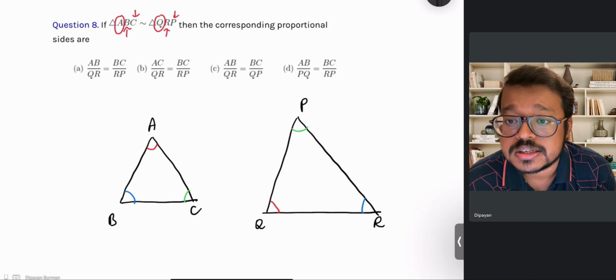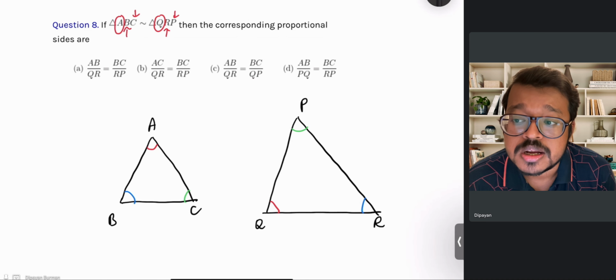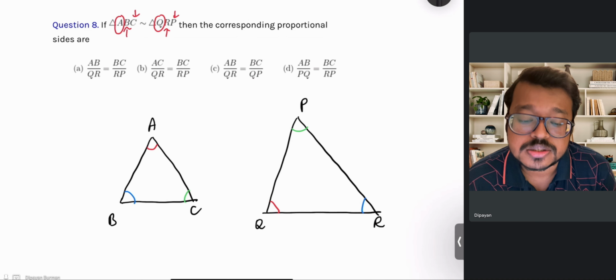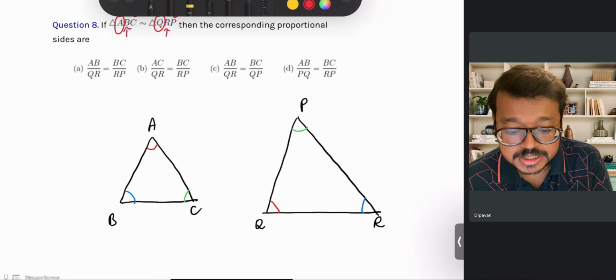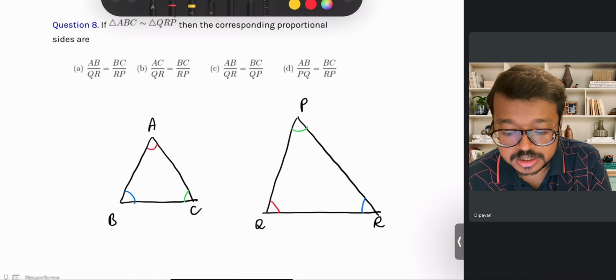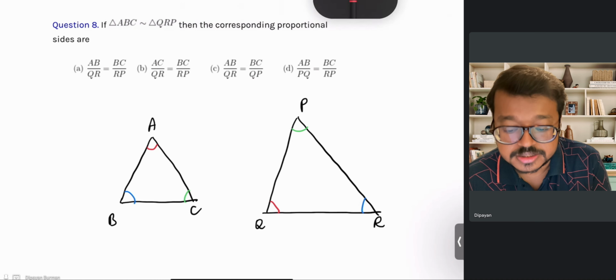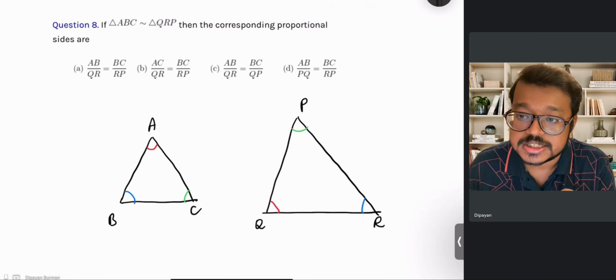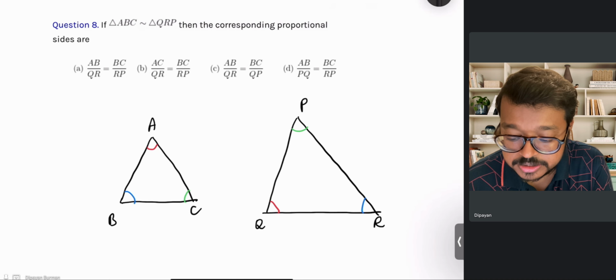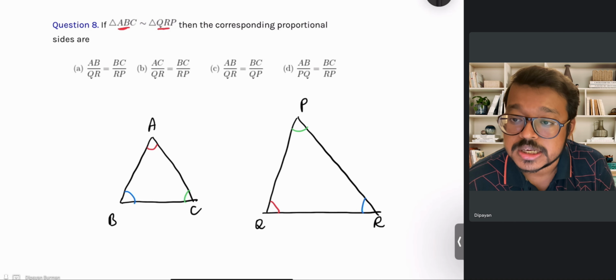But anyway, here they are asking about corresponding proportional sides. So if I want to answer that, let me look at the order of the letters that they have written. So let's say the first triangle, the first two letters are AB, and from the second triangle, the first two letters are QR.